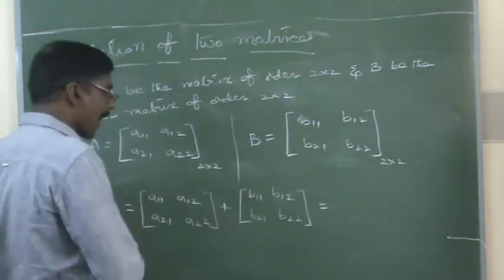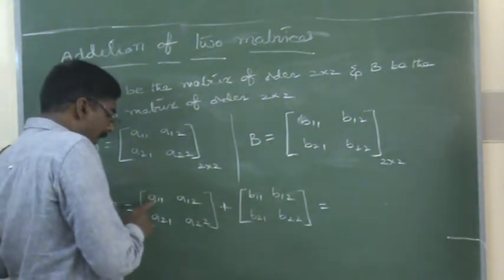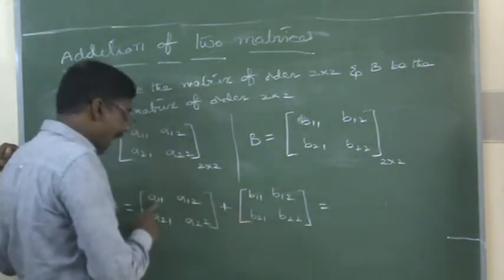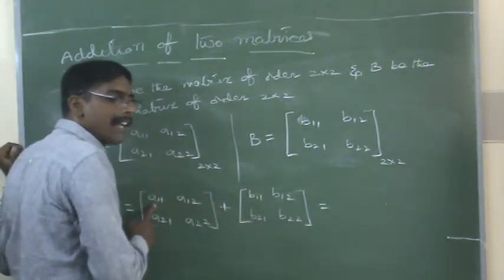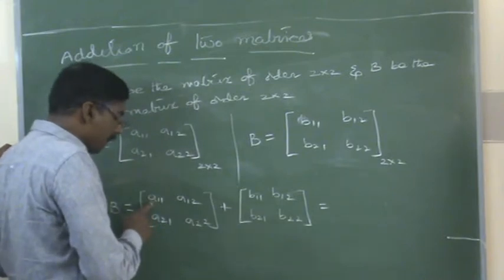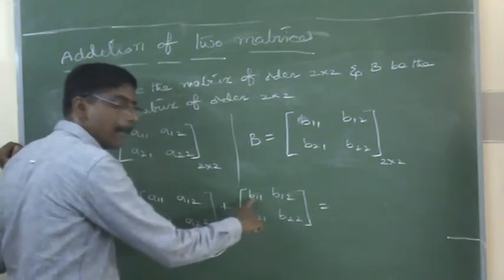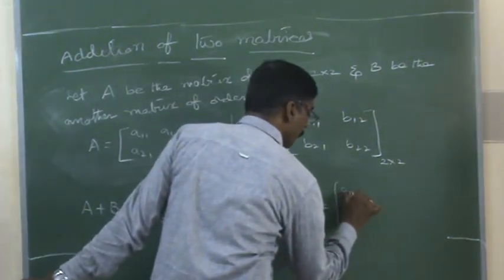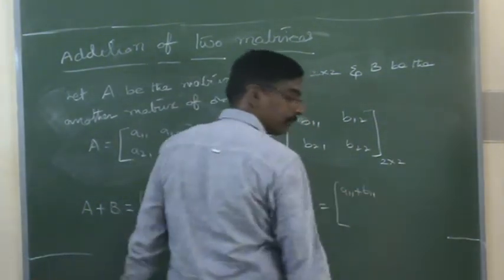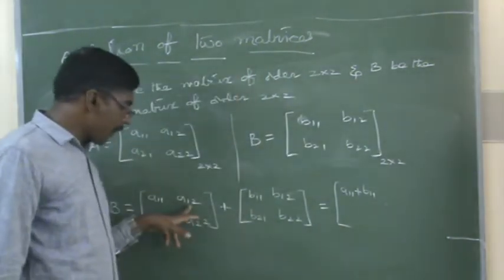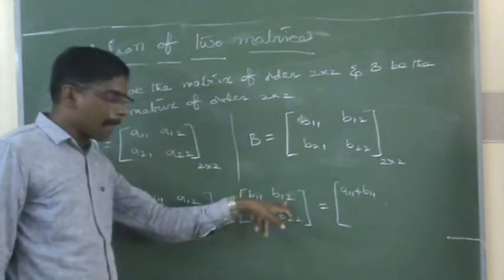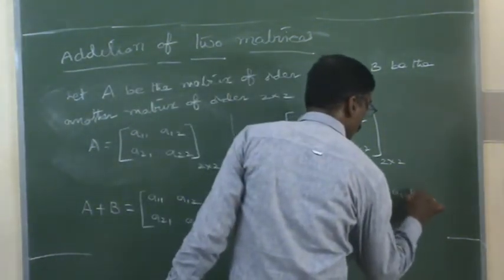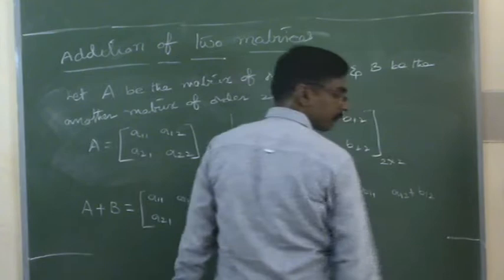Then here, how we are adding is: add with their corresponding elements. That is, A11 corresponding element is B11, so we need to add the two numbers: A11 plus B11. Next, A12 corresponding element is B12, so we write A12 plus B12.